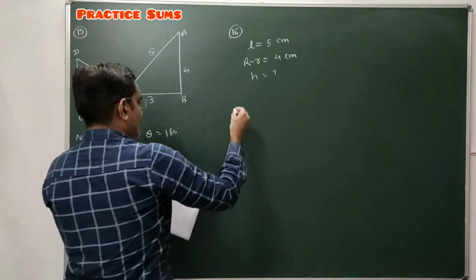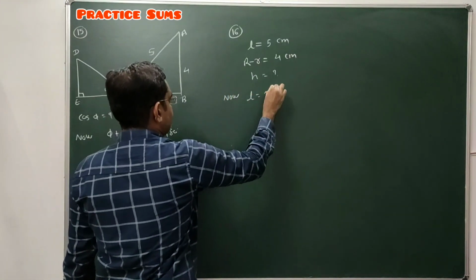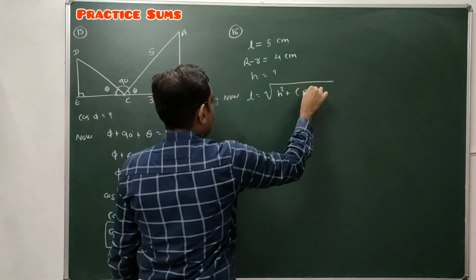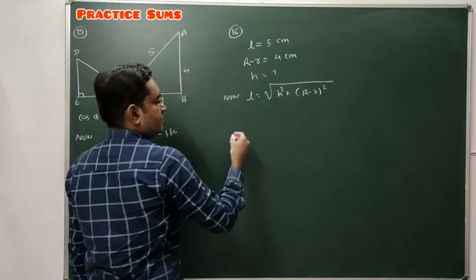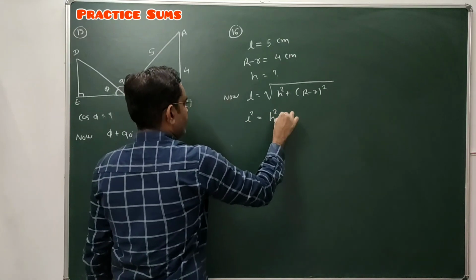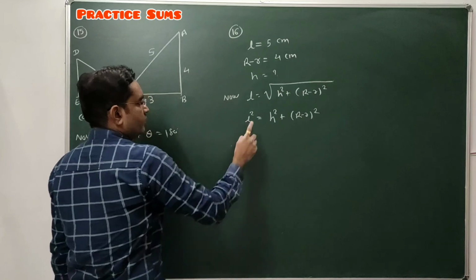So here our formula is slant height L is nothing but the square root of h square plus capital R minus small r square. Now taking square on both sides, L square equal to h square plus capital R minus small r square. Put the values.